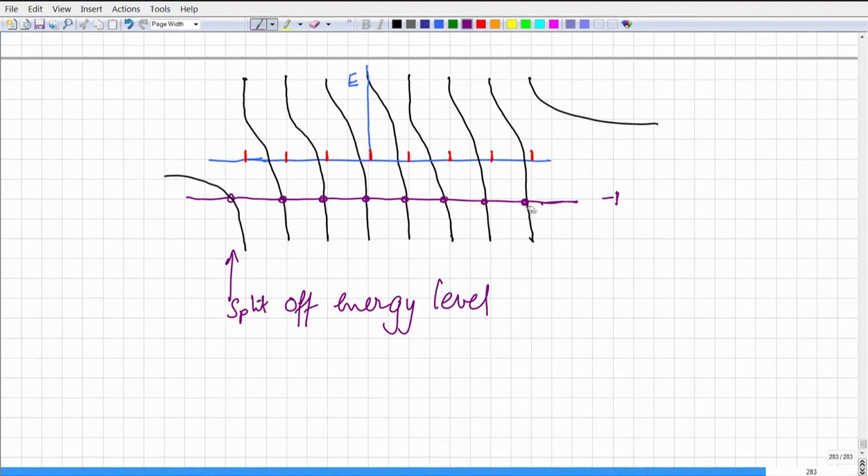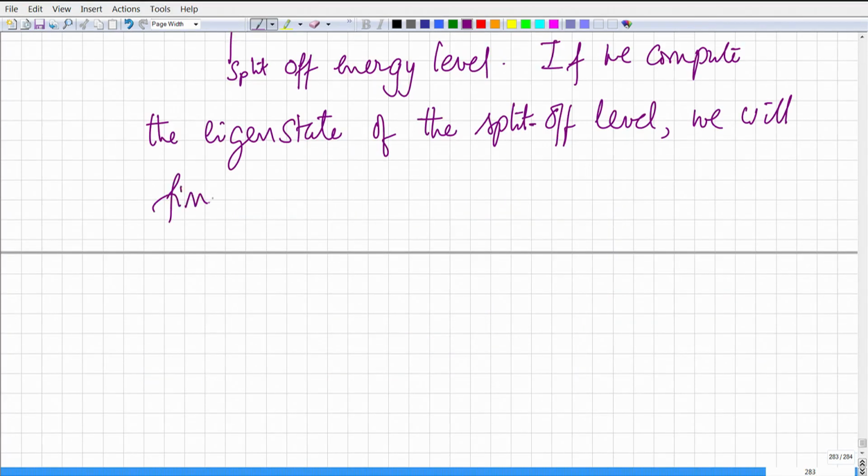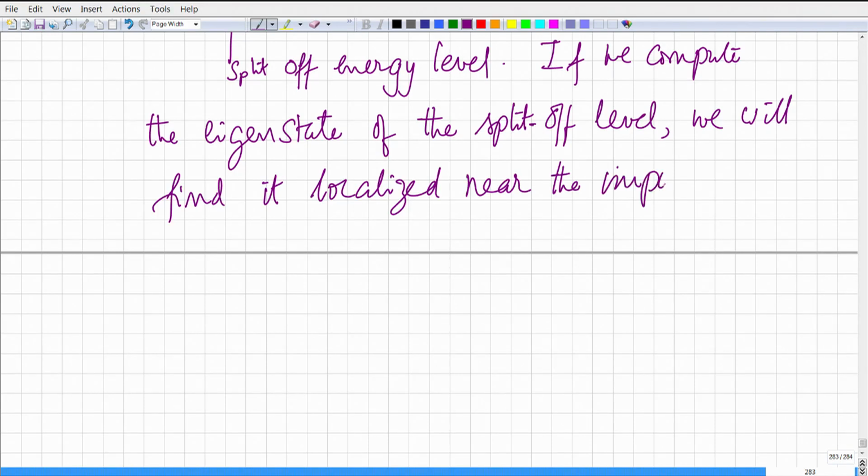So all these energy levels have changed a little bit, but this one is actually split off. If we compute the eigenstate of the split off level, we will find it localized near the impurity site.